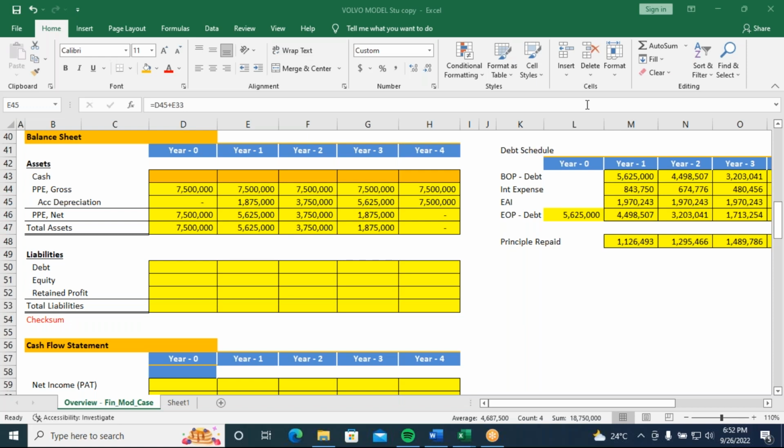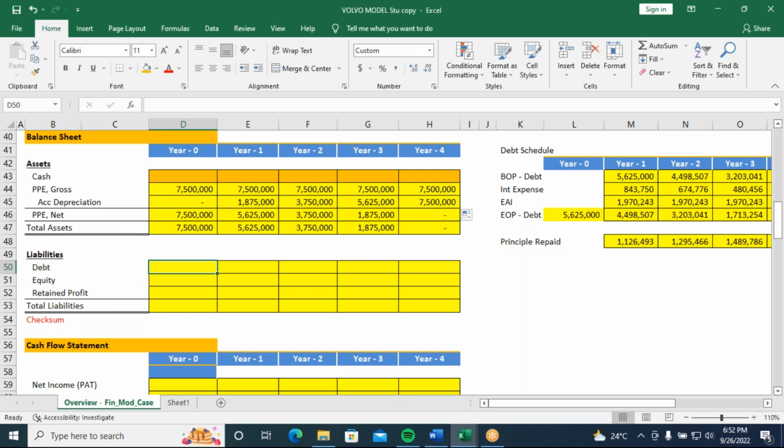So let's move to the liabilities. Okay, now let's start to solve this liabilities part.